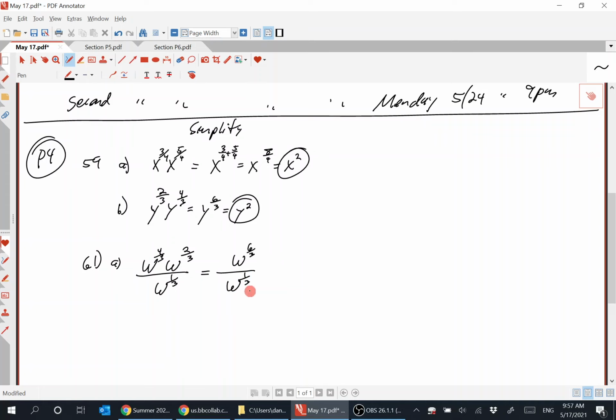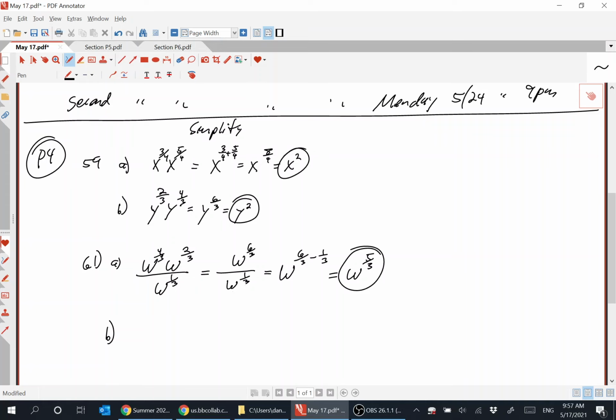And then when you're dividing two exponential expressions with the same base, what do you do with the exponents? Subtract them. Right. W to the 6/3 minus 1/3, so w to the 5/3.